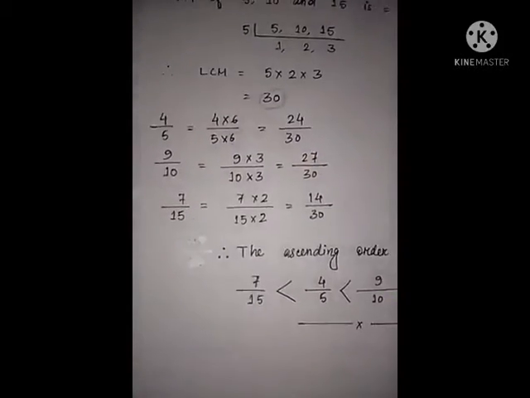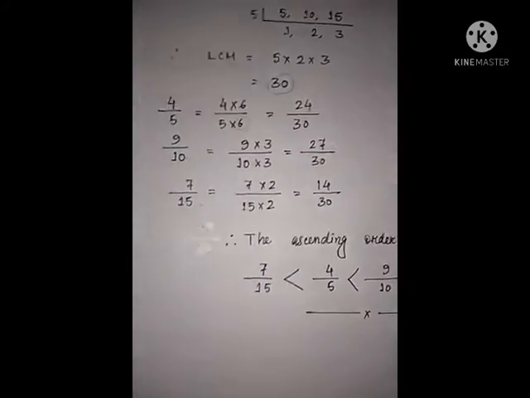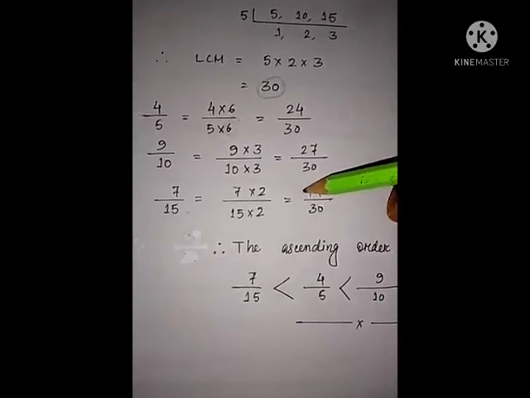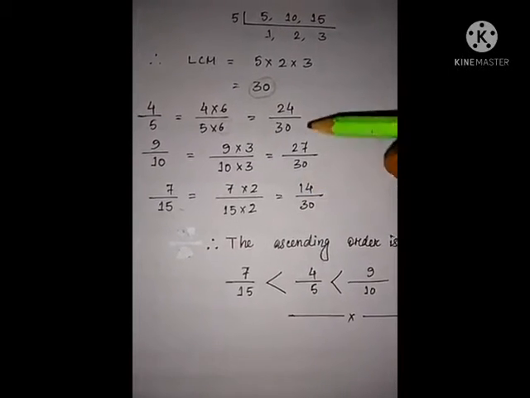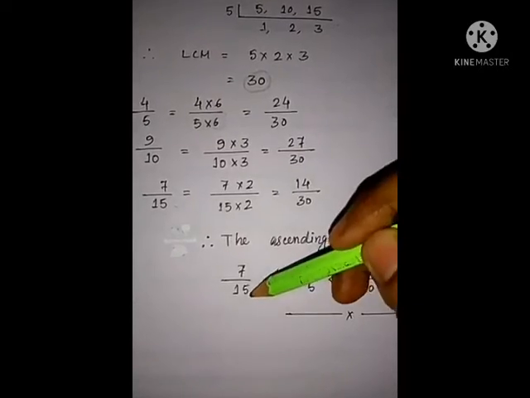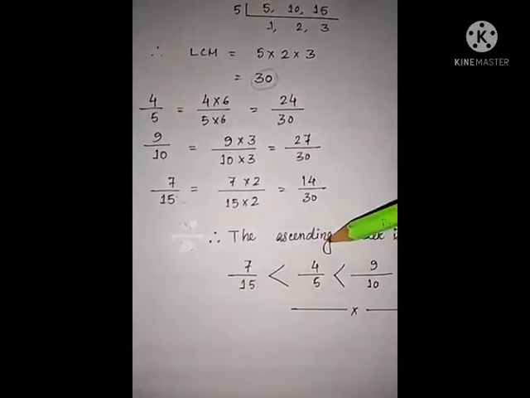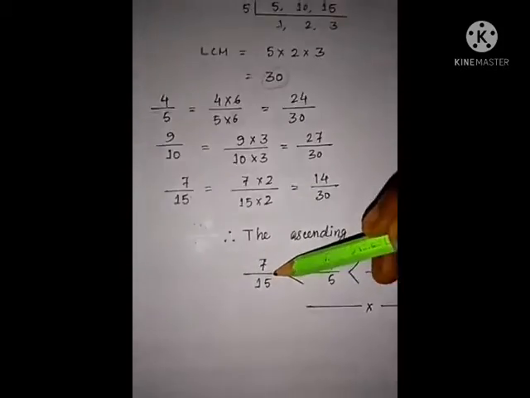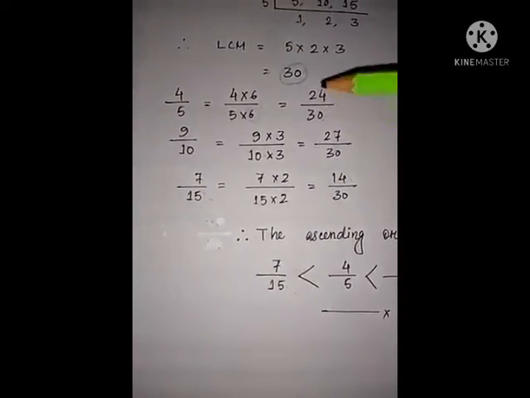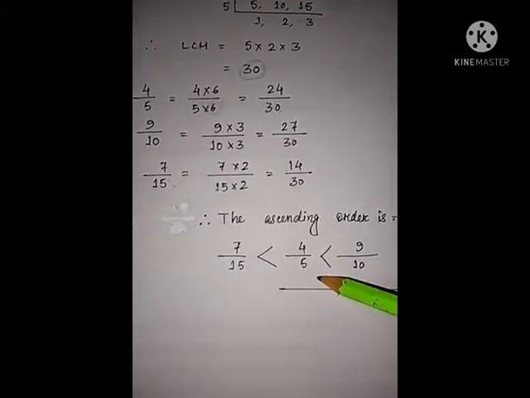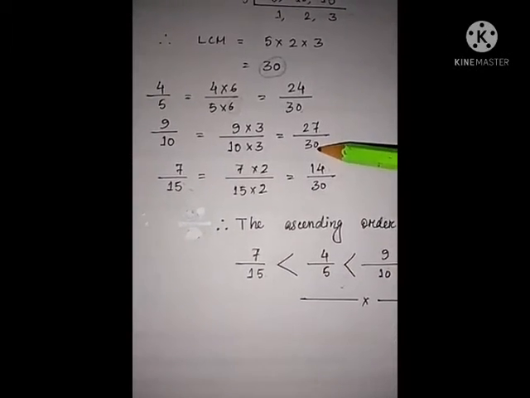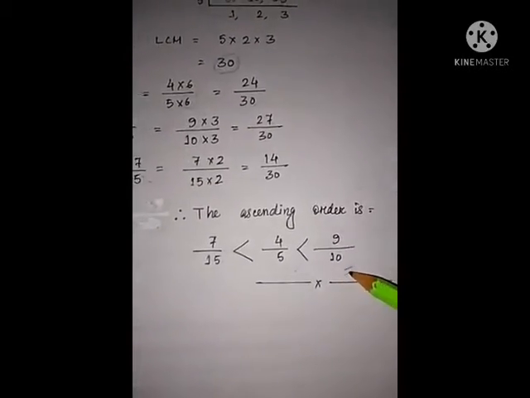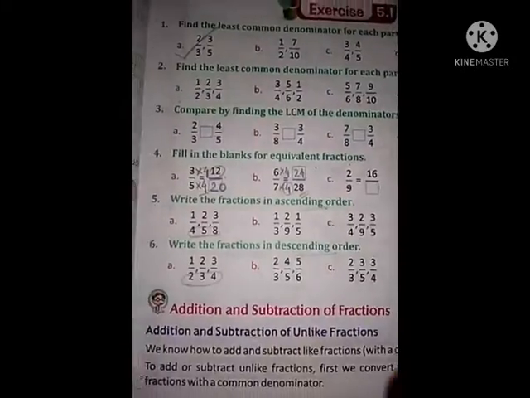Okay, and therefore the ascending order is, 14 is smaller than 24 and 27, so I have written this first in the ascending order, and ascending order means from smaller to bigger. So first of all this is smaller, 7 by 15, and then 24 by 30 means 4 by 5, and the largest fraction is 27 by 30 means 9 by 10. So this is the ascending order. Okay, so like this do the other examples.